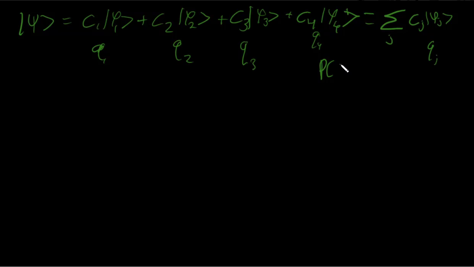So the probability that if we measure big Q, we'll get little q sub j, which is the quantity of the observable big Q, will be the norm squared of c sub j, right? And this can be 1, 2, 3, however many possibilities we have. And so, for energy, this j would be n. It would be the energy level that we're at.